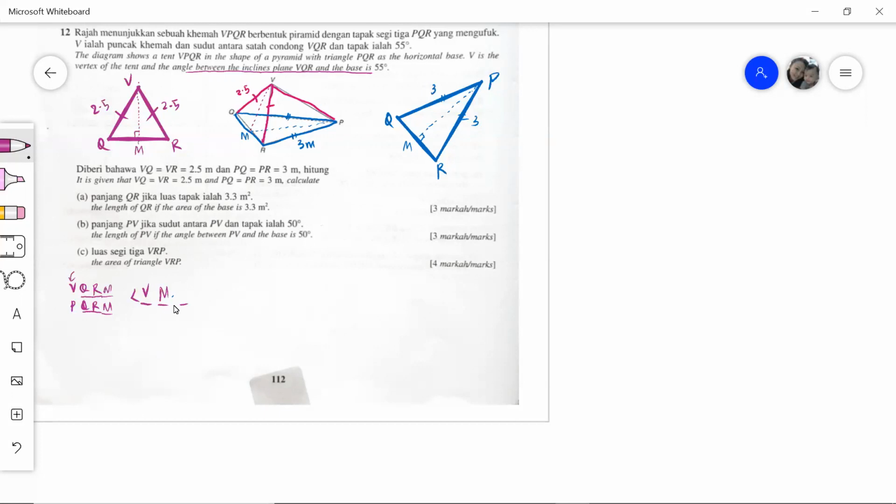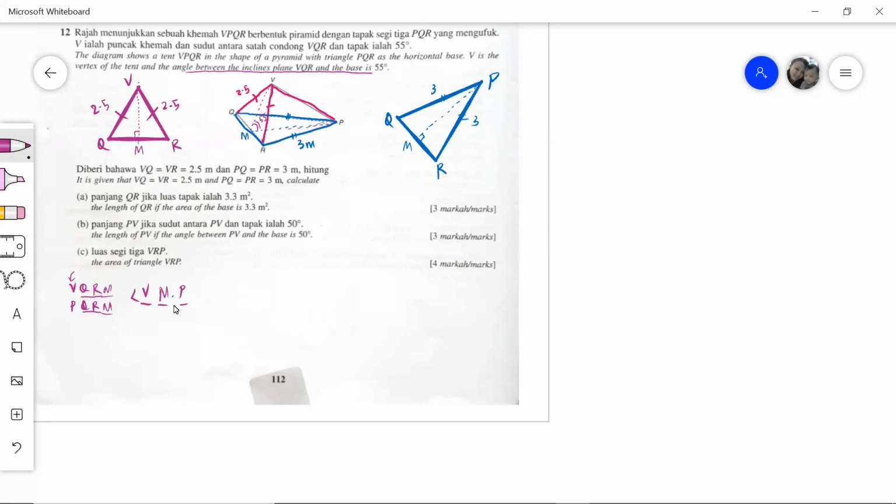Therefore, the angle formed by these two lines, V and P, is the angle that we should label, that is 55.